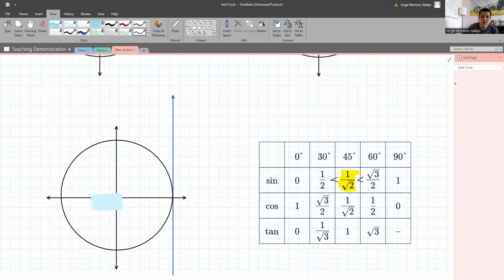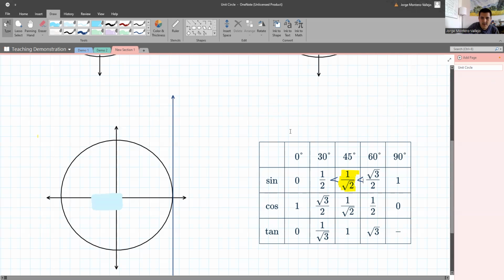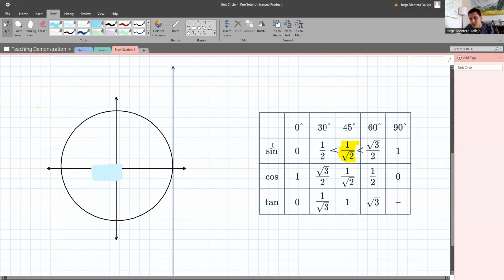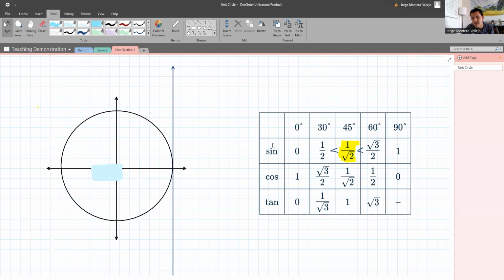Okay, all right. So now I'm going to go over sine and then over cosine. Now I want you guys to remember that we don't really need to go over tangent, right?